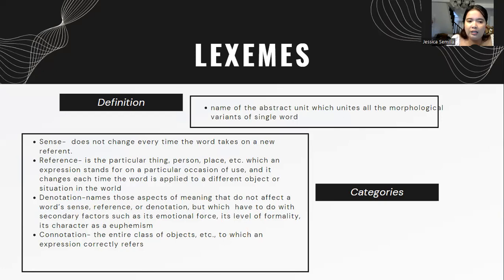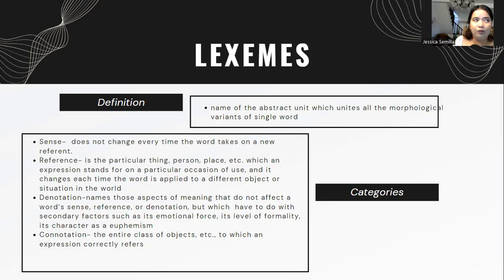Next, we have different types of lexemes, the categories from which we get meaning. First we have sense, second is reference, third is denotation, fourth is connotation. Sense is basically what we can refer out of it. What is the meaning based on our senses?